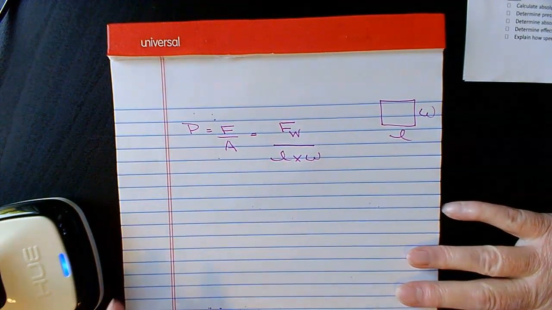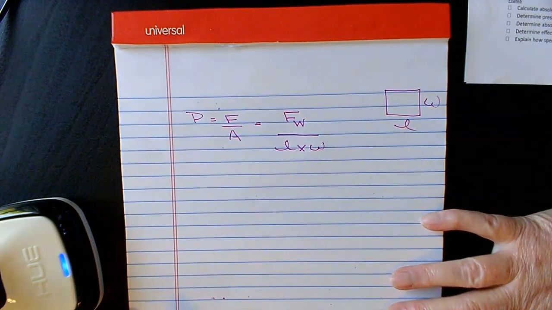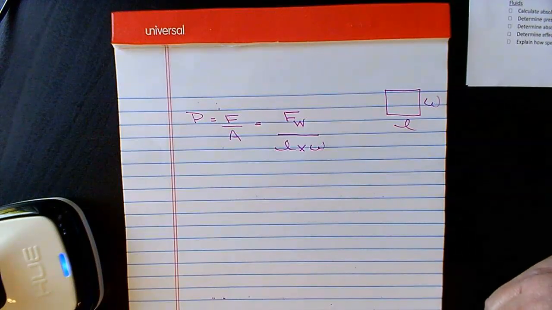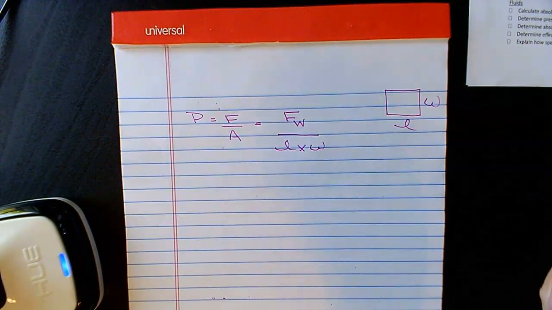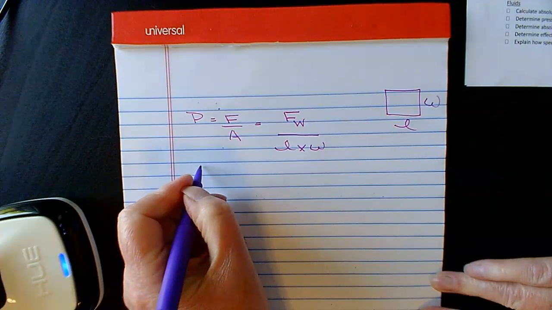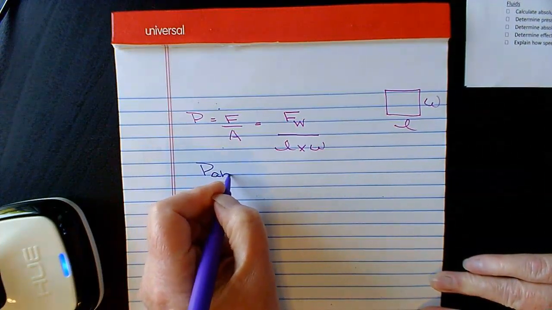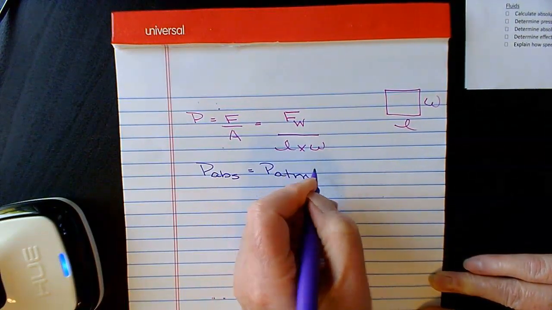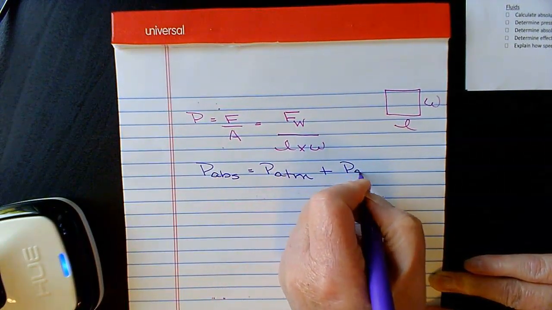All right, the next thing is to be able to differentiate between absolute and gauge pressure. So how do you calculate the gauge or the absolute pressure acting on something? The absolute pressure is equal to the atmospheric pressure plus the gauge pressure.